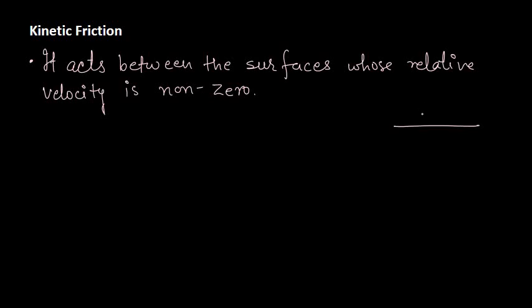What I mean is, suppose there is a surface, and there is a block on it which is moving with velocity v, and this is not a smooth surface, so it means there is a friction.